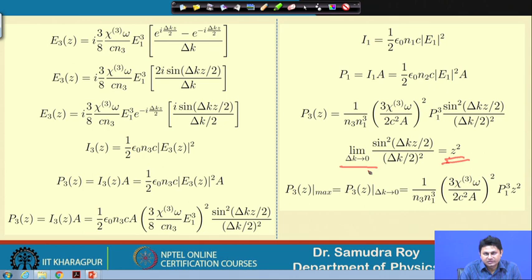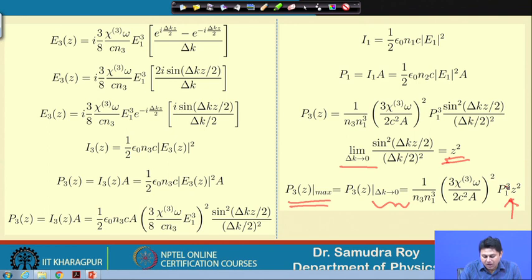So, delta k tends to 0 is nothing but the phase matching condition. So, that means the maximum power that one can have is P 3 max with the condition that phase matching is there, that means delta k tends to 0, and if we look carefully there are a few terms there, but the dependency is z square, which is important.